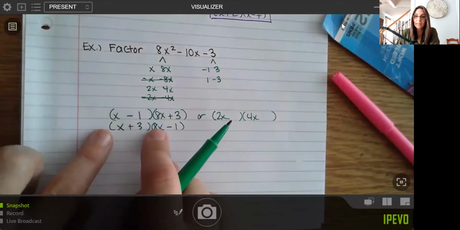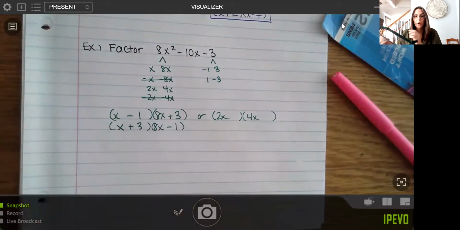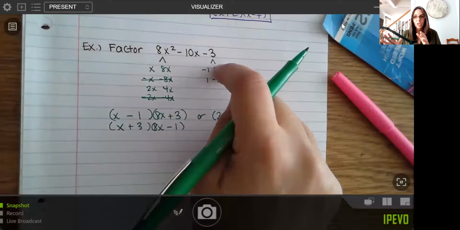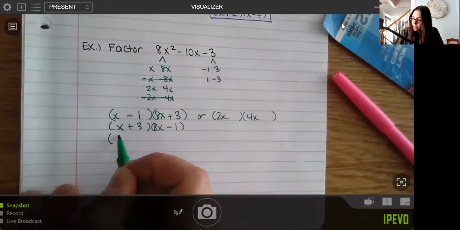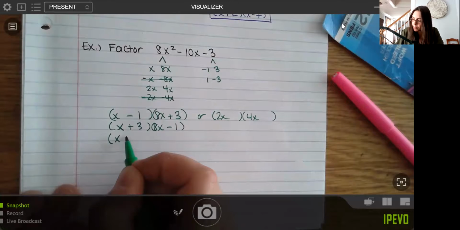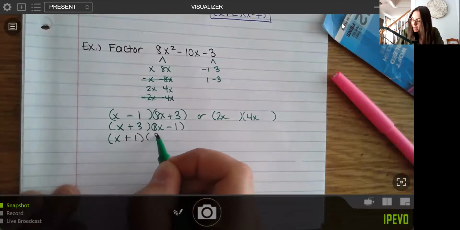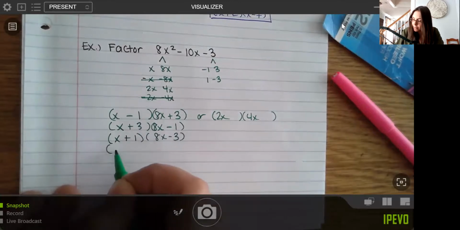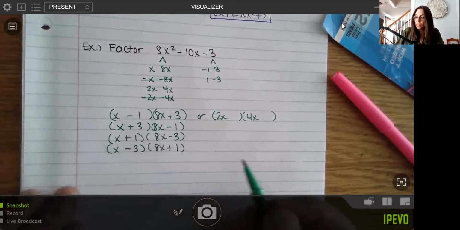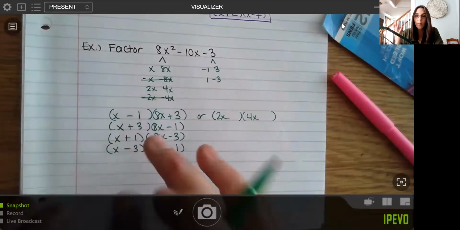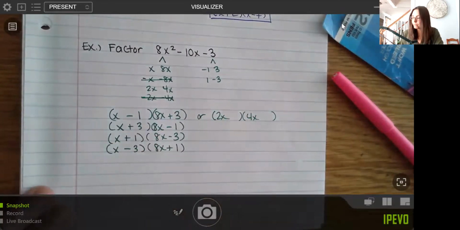They're not just x and x, they're different values. So the order as well could change. So in this case here, if I use the second pair now, I could have the first one be +1 and then -3, or I could have the first one be -3 and the second one +1. So within this first group, I have 4 possible values to try.